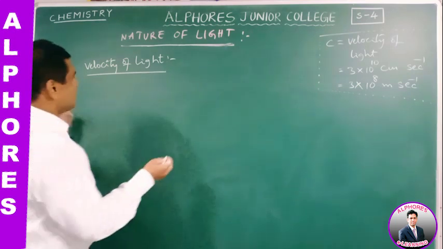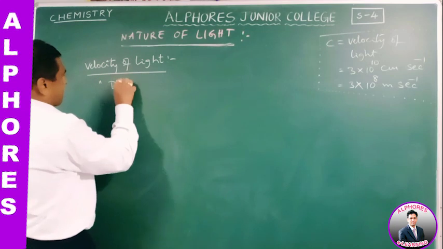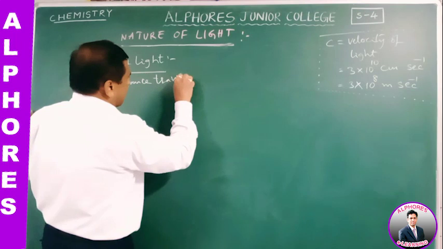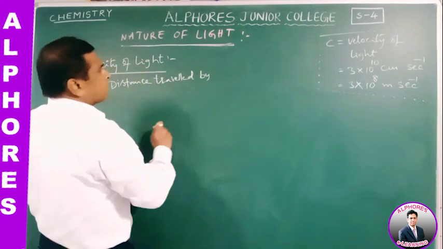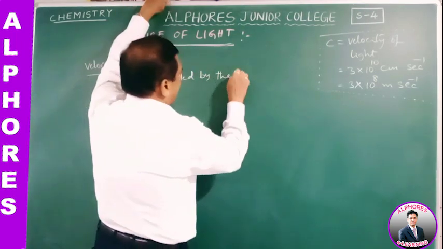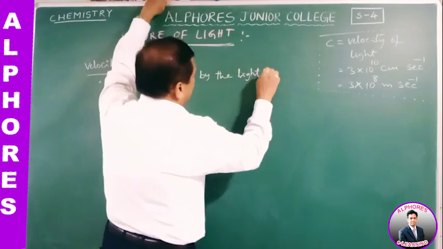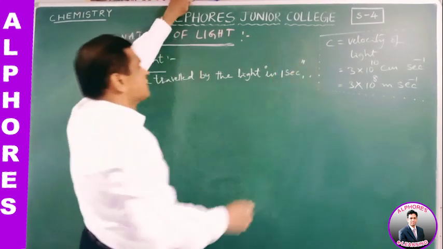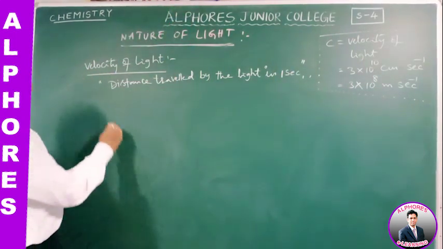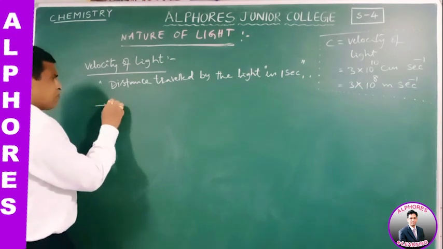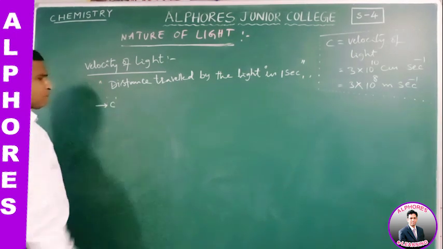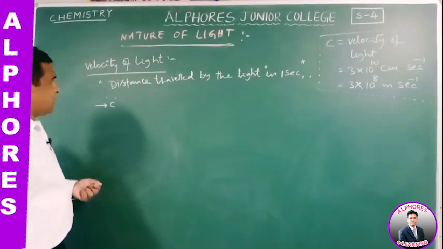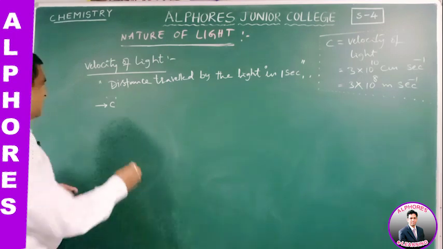Okay, the distance travelled by the light in 1 second is known as velocity of light, and it is denoted by the symbol c.